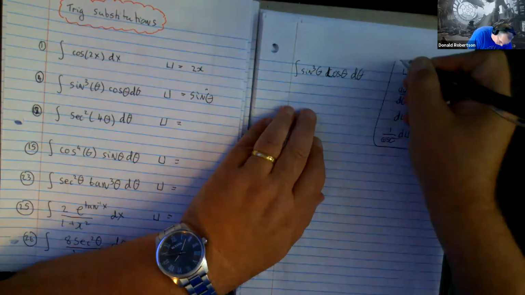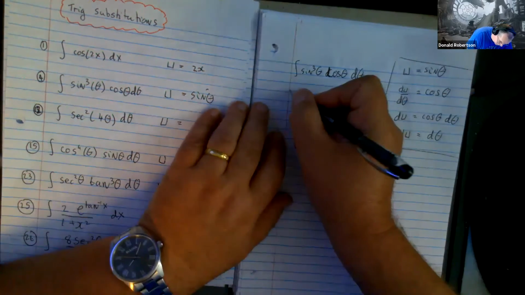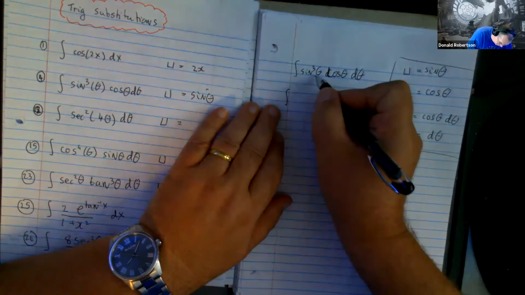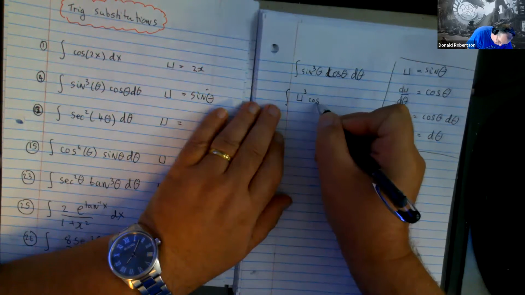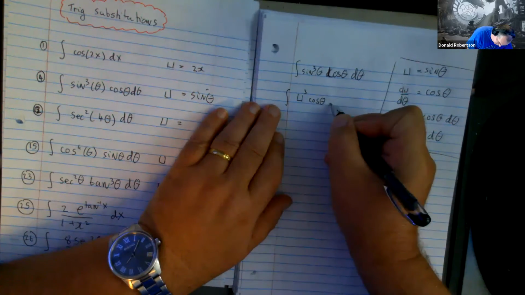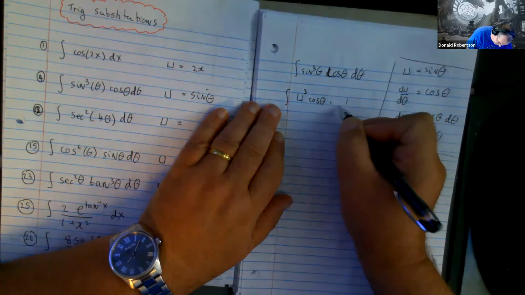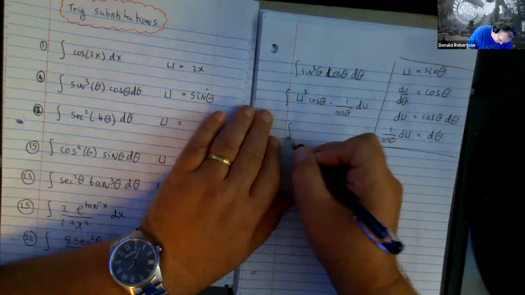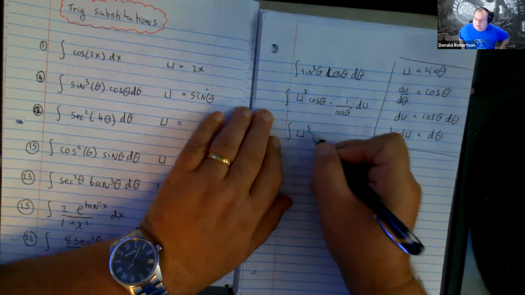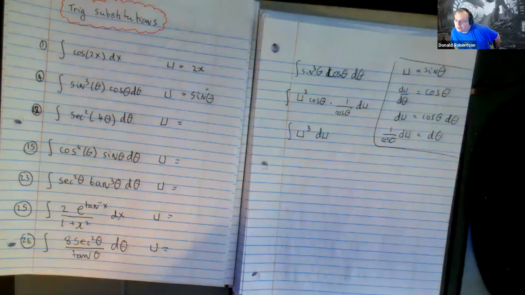Now you go over here and say, instead of the sine cubed, you now get u cubed. I'll leave the cosine theta for a minute, and I'll replace the d theta by this. And just like magic, our integral turns into that. See how smooth it was?